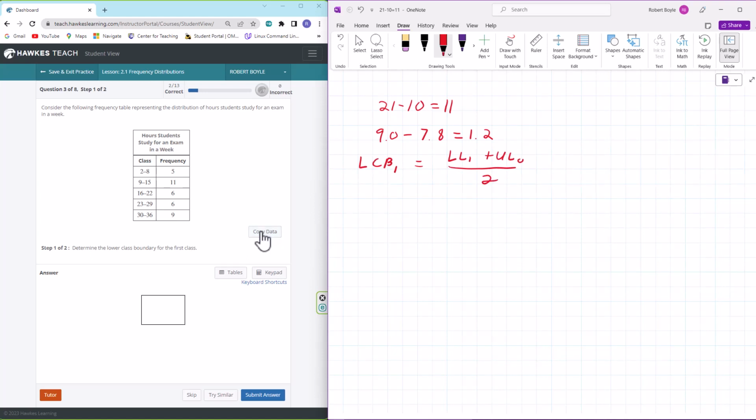The only problem is this is the lowest class, so we can't compute this right away. But what we can do is compute the upper class boundary for the first class. That will be equal to the upper limit of the first class plus the lower limit of the second class, divided by 2. All right, well, the upper limit for the first class is 8.